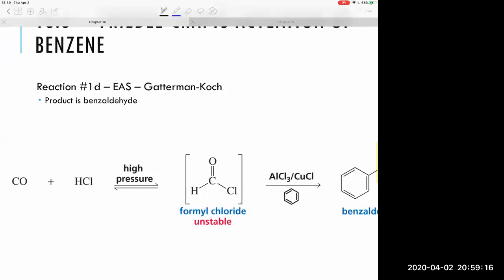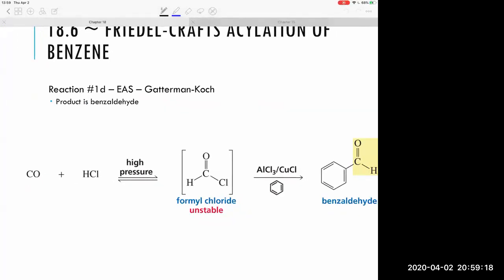So how you do this is you take carbon monoxide and hydrogen chloride gas under high pressure, and they will form that unstable formyl chloride intermediate, right? But unfortunately, you can't just buy formyl chloride off the shelves. It doesn't sit in a bottle in your stock room.